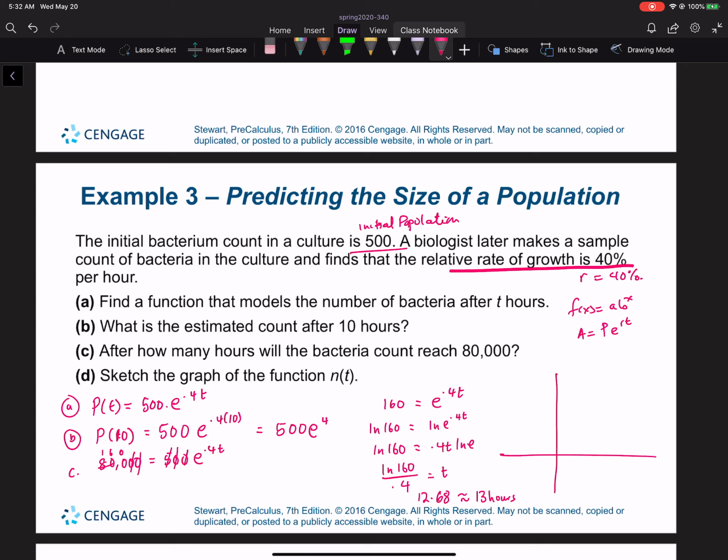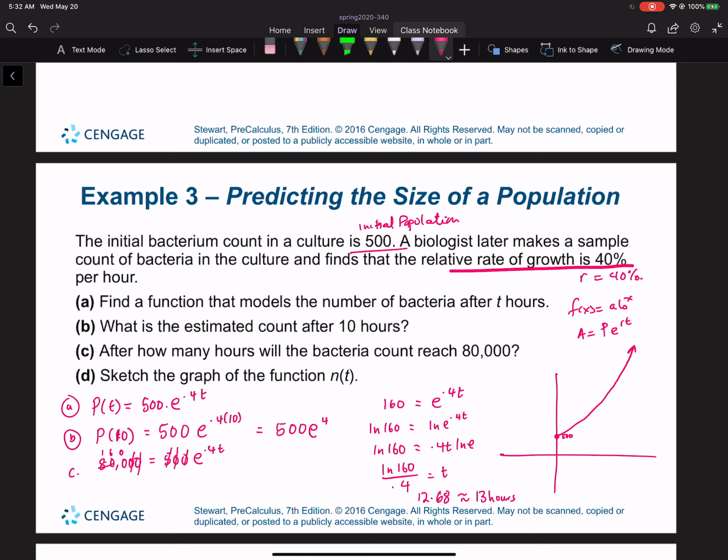At time t equal to 0, there were 500 in the culture. So if this represents the 500 mark, it's going to grow exponentially.